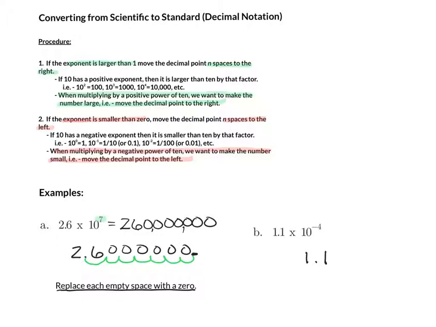Let's look at example B. We have 1.1 times 10 to the negative 4, which means that I want to move 4 spaces to the left. My decimal point is now 3 spaces in front of the 1.1, and again I want to fill in each empty space with a 0.